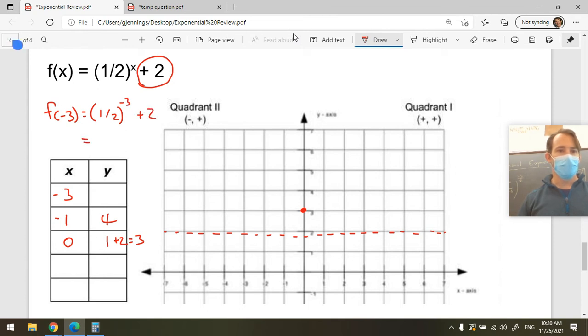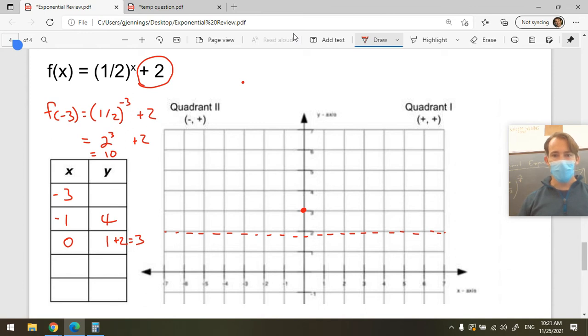This is equal to, flip the fraction, 2 to the 3 plus 2. That's equal to 10. 2 to the 3 is 8. 8 plus 2, 10. So that's already off of the chart. So there's 7, 8, 9, 10. Okay, so this is diving down here.